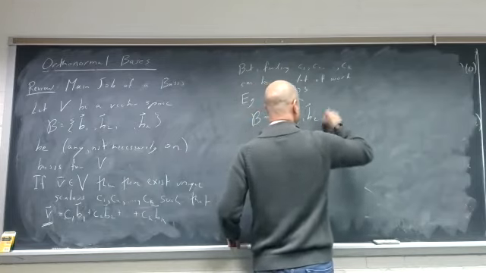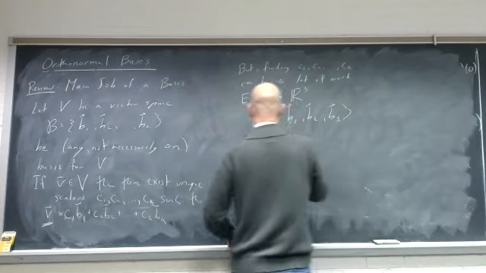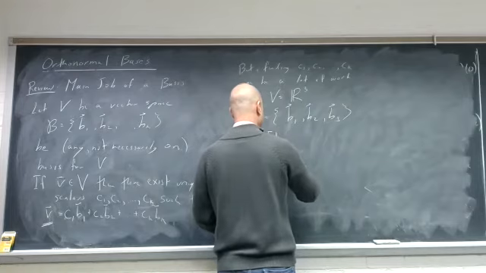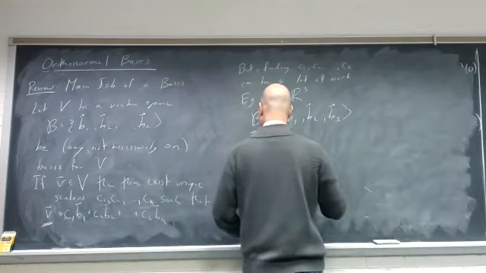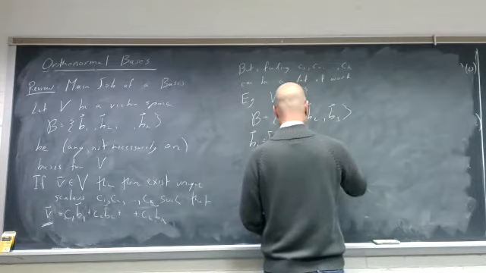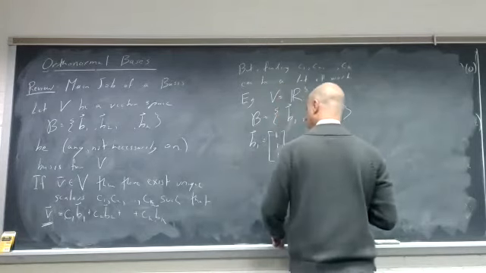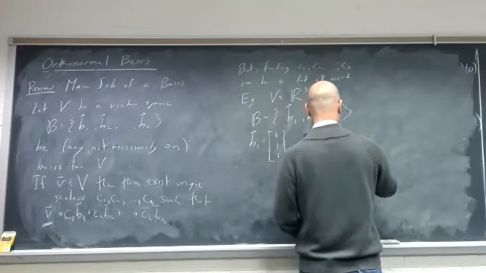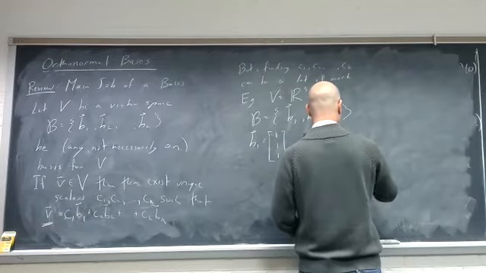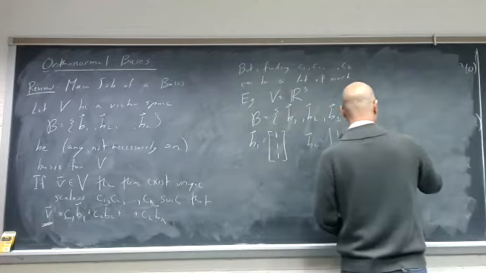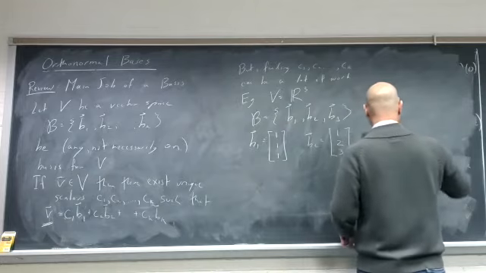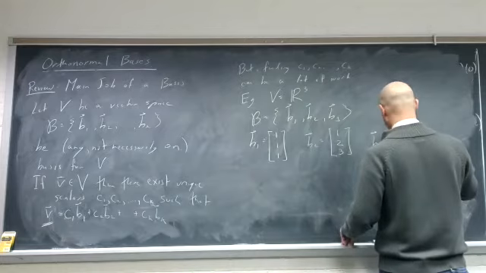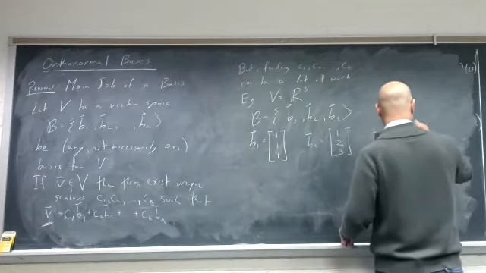I'll call this B1, B2, B3, where B1 is, let's say, (1, 1, 1). B2 is equal to, how about (1, 2, 3), and how about B3 is equal to (1, 3, 2).